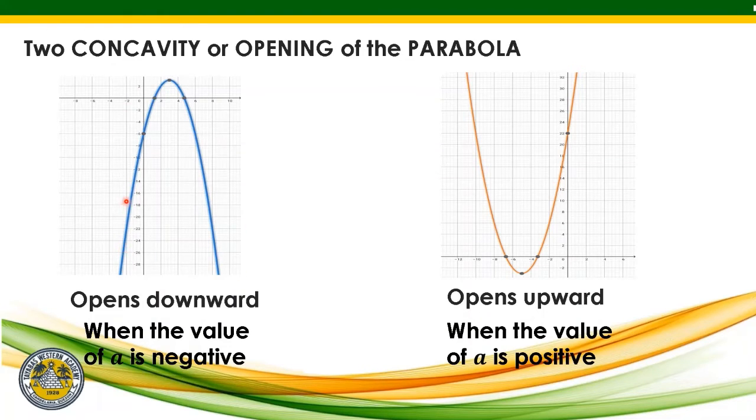So, kahit saan nakabase doon sa ating coordinate system o coordinate plane, basta naka-opens downward. And then, kapag ang value naman natin ng a is positive, so it opens upward. So, ganito magiging itsura ng inyong parabola. So, later on, mag-graph tayo para mas malaman ninyo kailan ba natin or ano yung value ng a.